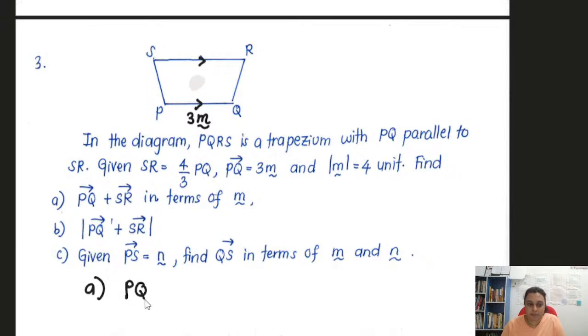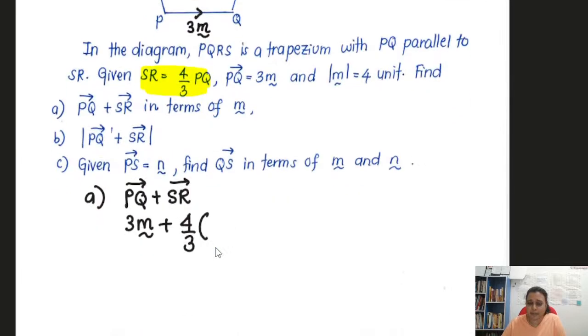Okay, kita ambil PQ, kita tambah dengan SR. Do we know what is PQ? Yes, PQ we got. SR, actually we don't have, but we can find because we can use this. Nampak tak? So PQ is 3m, vector 3m. SR ialah 4/3 of PQ.